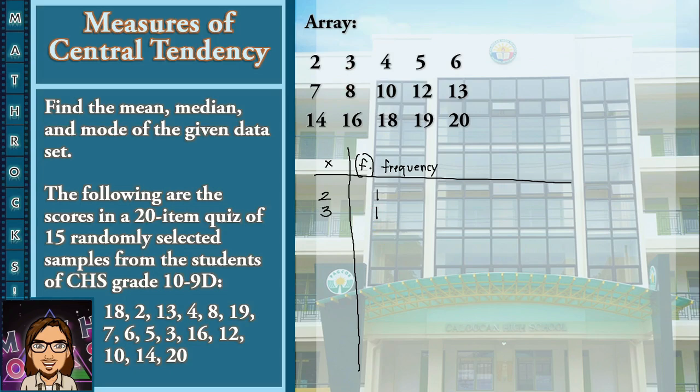Now, you might have already noticed that each of these observations is unique, or we can also say that all of these observations only appeared exactly once in the given data set. So we can have all of them just the same to have a frequency of 1.